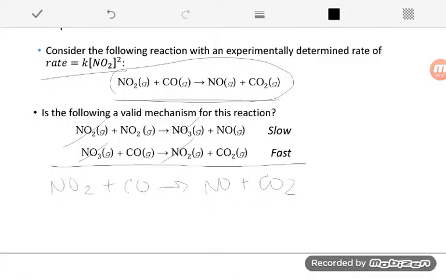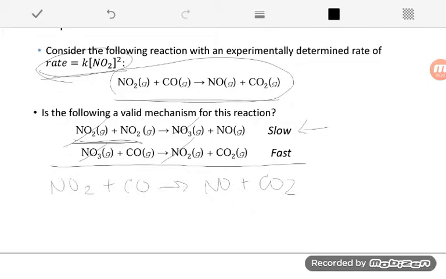The second thing we need to look for is, does that rate match the experimental law? So what we do is we look at the slow step and we write a rate expression, rate equals k, A to the x, B to the y, just by looking at this step. Now I know we crossed out this NO2 here because it was an intermediate, but we do have to count it when we do our rate law.